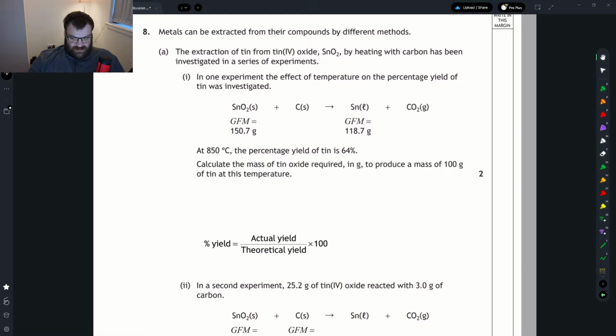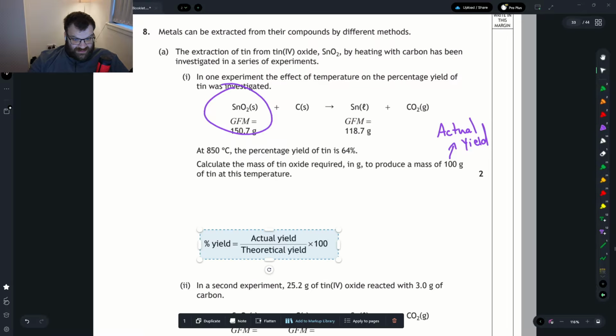Okay, so to produce a mass of 100 grams of tin, that is our actual yield. Okay, we're asked the mass of our product. Nope, we're asked the mass of the reactant.